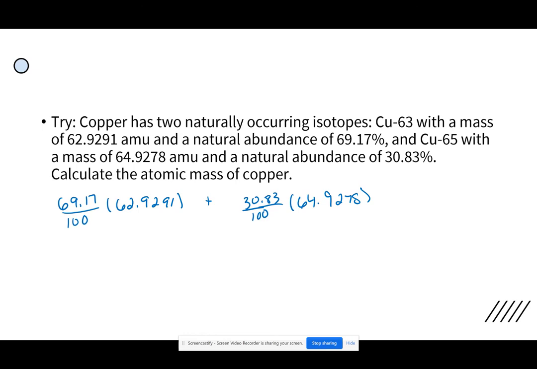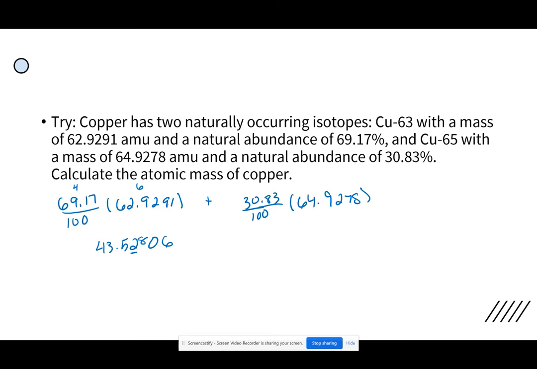So for my copper 63, I'm going to get 43.52806. My mass had 6 significant figures, but my percent only had 4. So I'm going to go with 4. I'm going to underline my fourth significant digit.